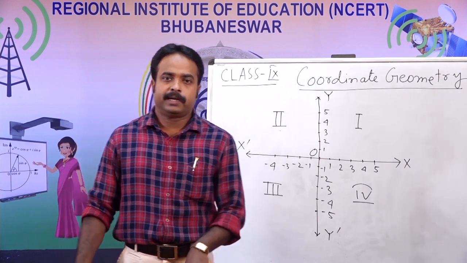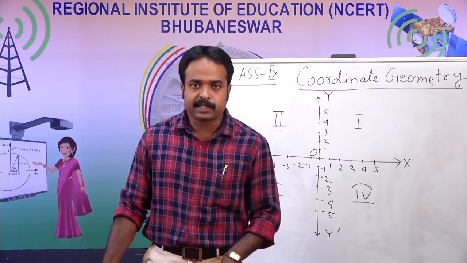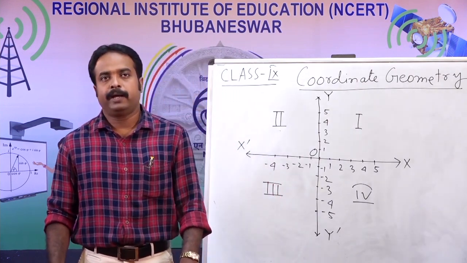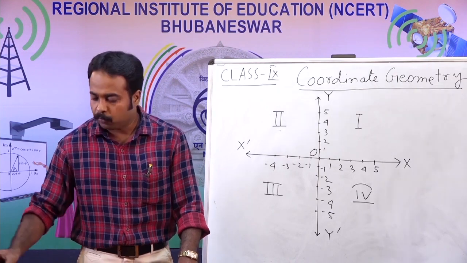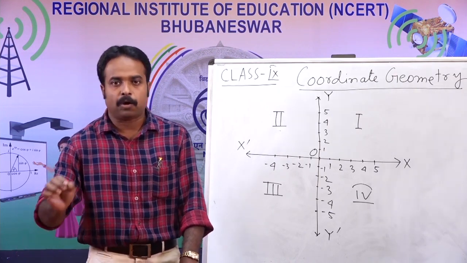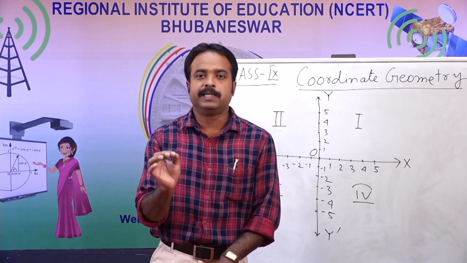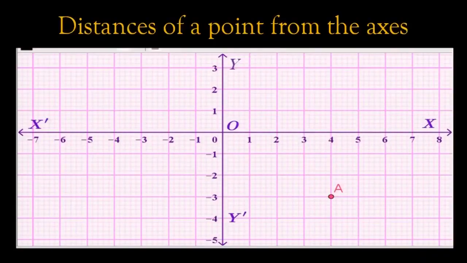Now let us find the distance of a point from the axes. Now we have to find the distance of a point from these two axes. Let us take a point A on the plane. So we have to find out the distance of the point A from the x-axis as well as from the y-axis.